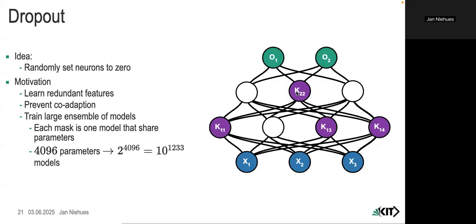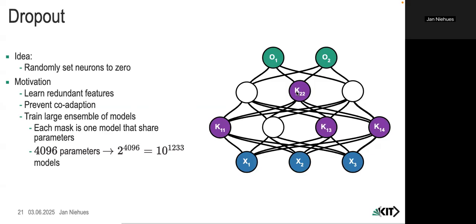What you're doing is training all these models in parallel, depending on which nodes you're currently removing. And of course, they share a lot of parameters, so they're not independent. But you're always training a different model, and then later you combine all these models again to make a general decision on how good you are.